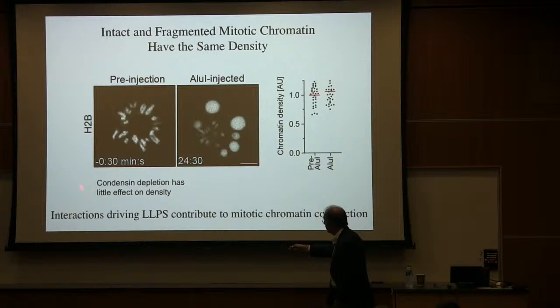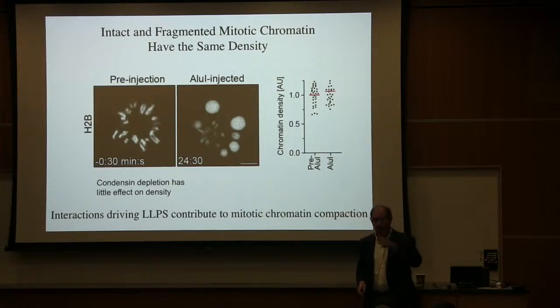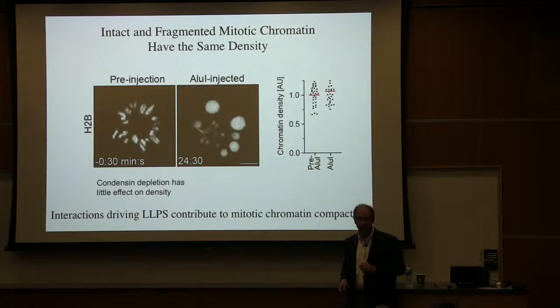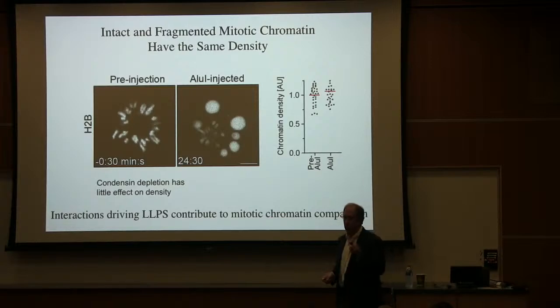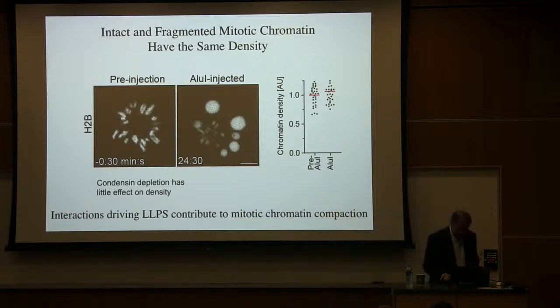And I should note, for those in the audience who think about condensin depletion, which does play important roles here, it has no effect on density. So this doesn't seem to have to do with condensin-mediated long-range crosslinks. Again, we think this is largely due to short-range interactions intrinsic to the chromatin polymer.